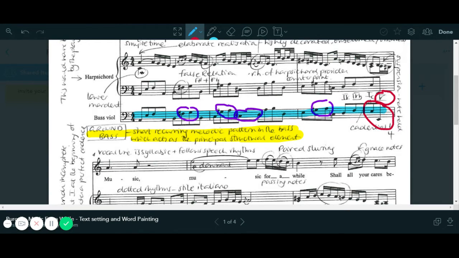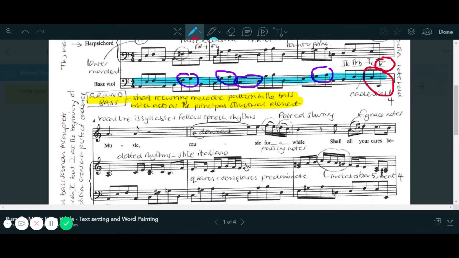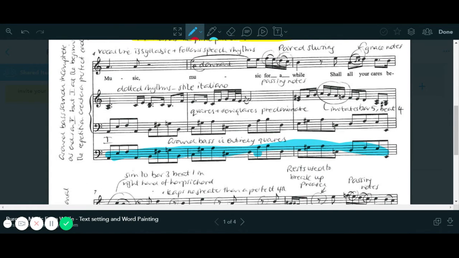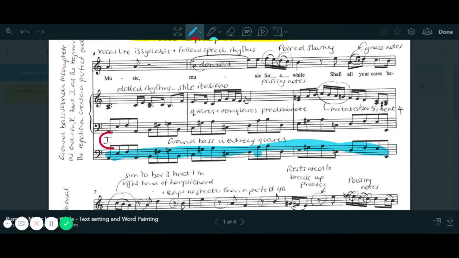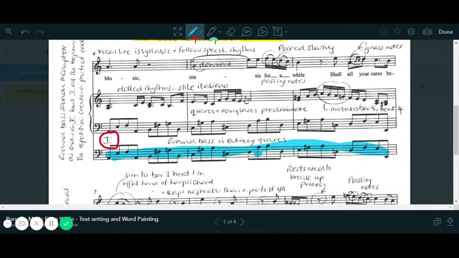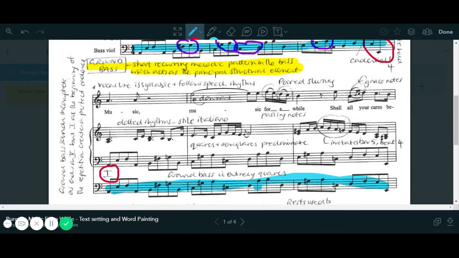And we know imperfect cadences end on a chord 5. We expect there to be more to come. But because we start again with chord 1, it feels like it's a perfect cadence. So structurally, it embeds the harmony within it.